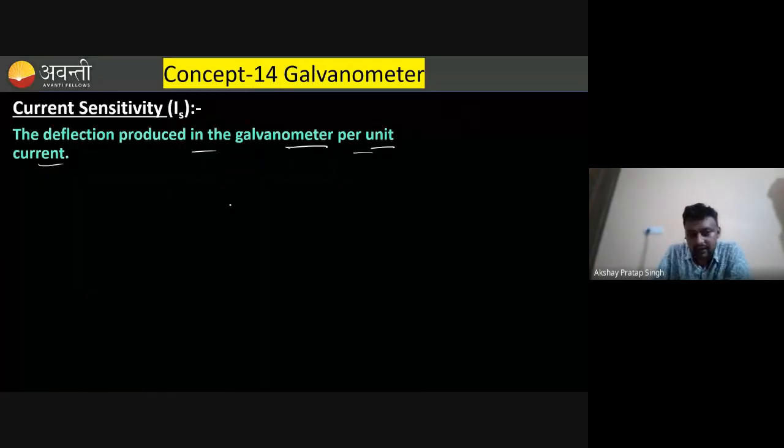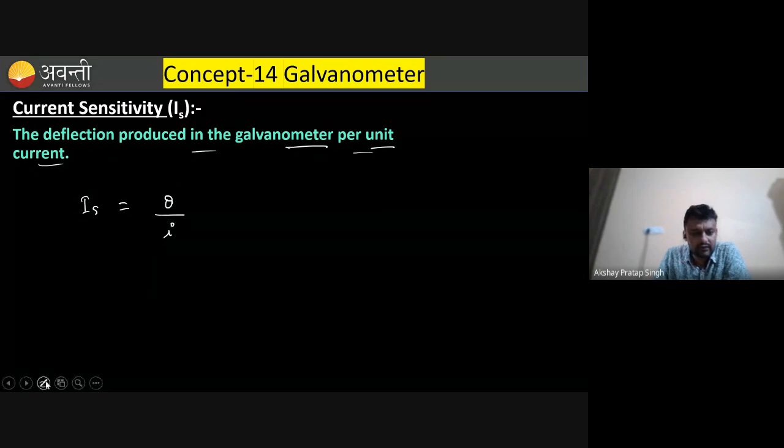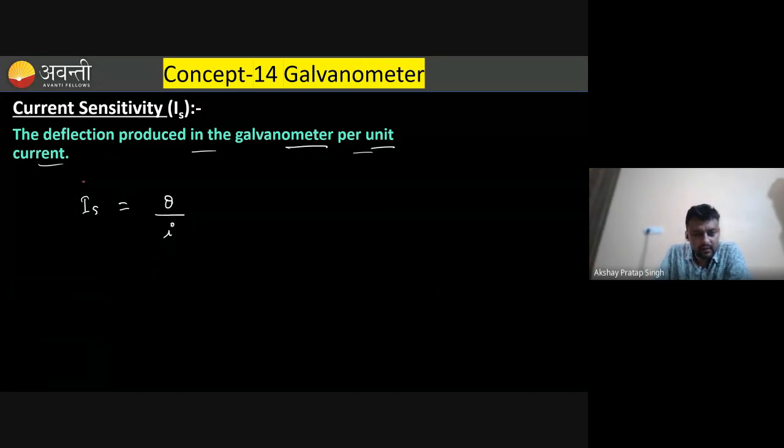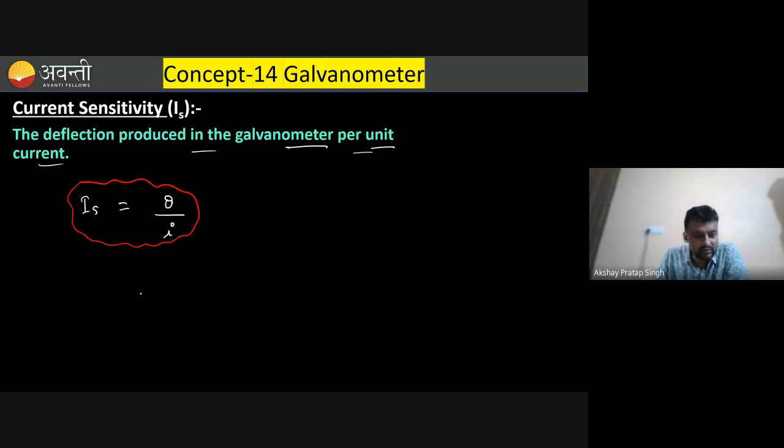How can it be written in terms of a formula? Current sensitivity, denoted by I_S, can be written as deflection per unit current. Very simple relation. Now, can you tell me the unit which can be formed?